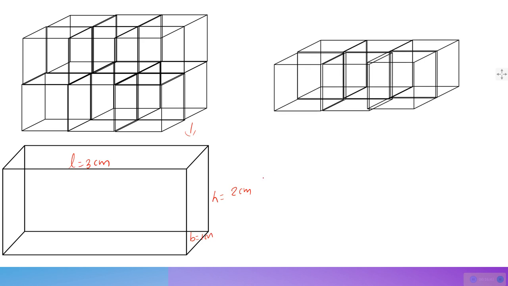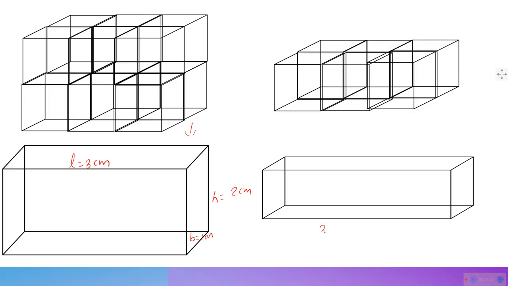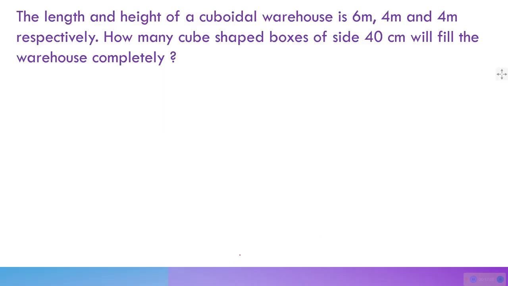Understood? If I try to convert this into a regular cuboid figure, I will write over here as 3 centimeter. So this is 1 centimeter, this will be 2 centimeter. And I will calculate the volume according to the formula length into breadth into height. So my dear students, this is a simple concept but having high application in the coming classes, because you will be learning about solid figures furthermore in higher classes.